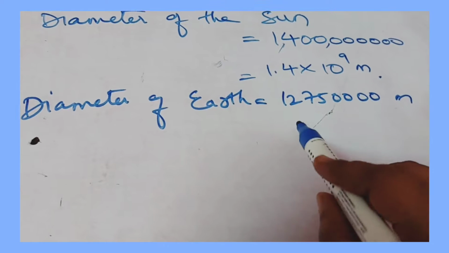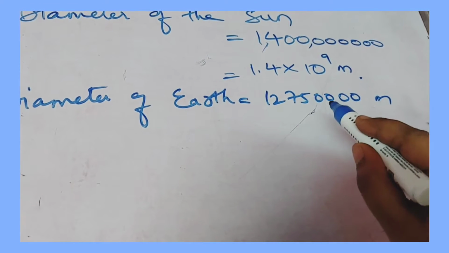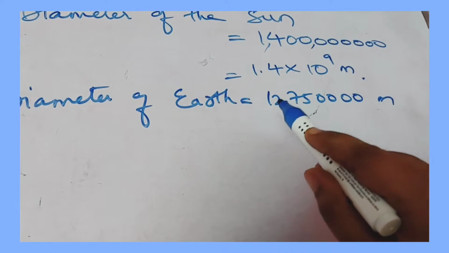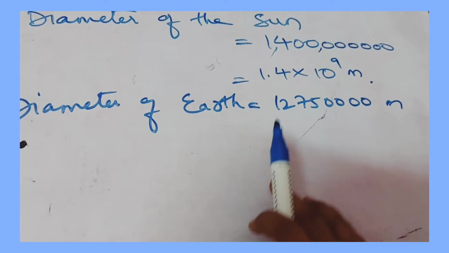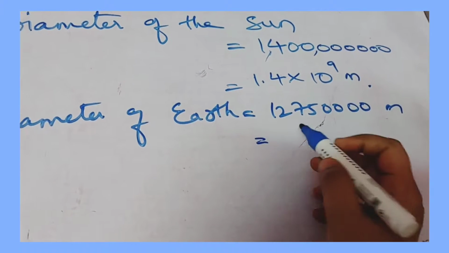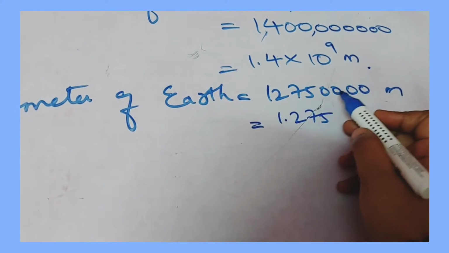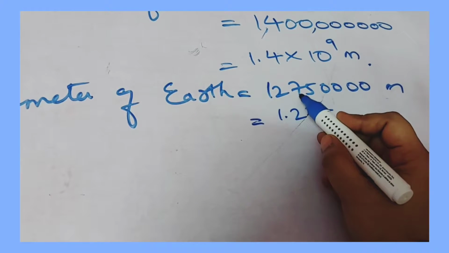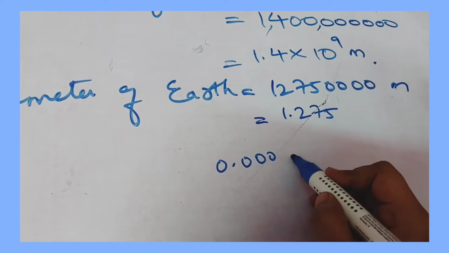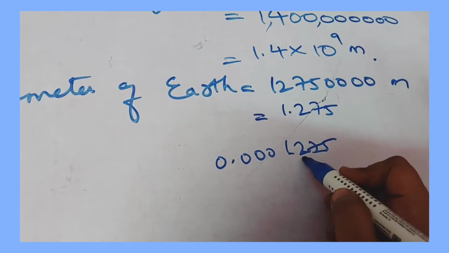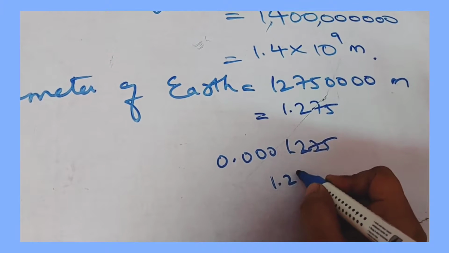Then the diameter of the earth is ones, tens, 100,000, 10,000, 100,000, million, 10 million. It is 12 million. In this also you have to do the same. You take 1.275. If the number is like 0.000 and the number 1275 is there, you take it as by, 1.275 by.